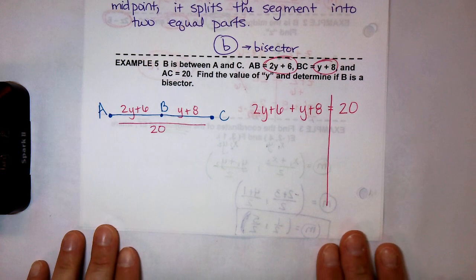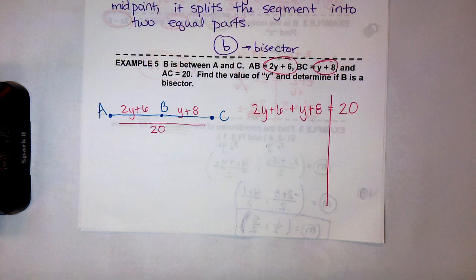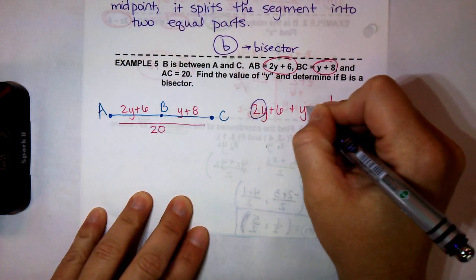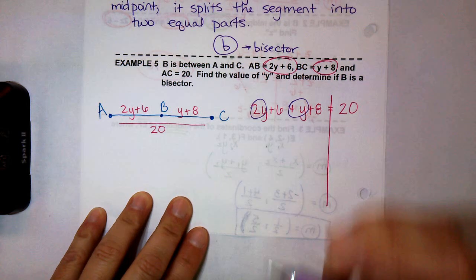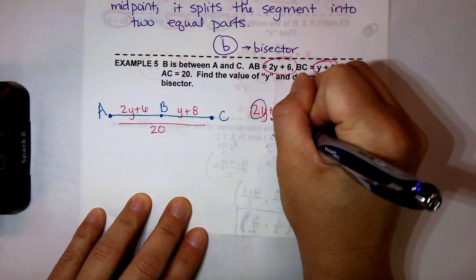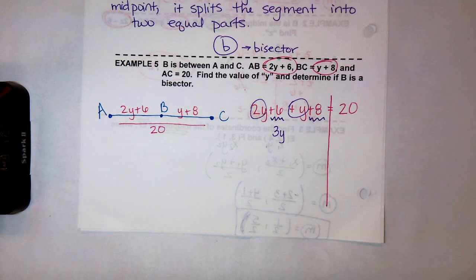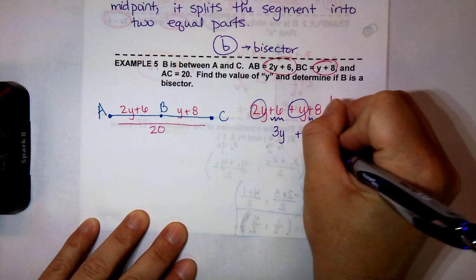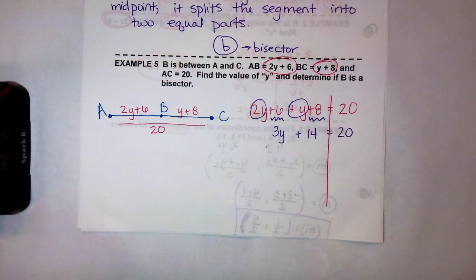So combine your like terms for me, please. What looks the same? The y. So I have 2y plus y, 3y, and then plus 6 plus 8, 14, equals 20.